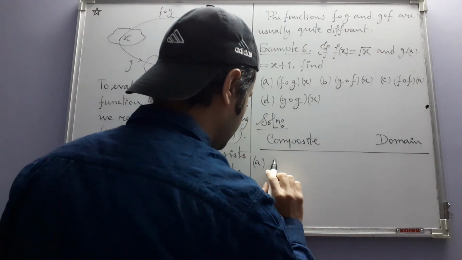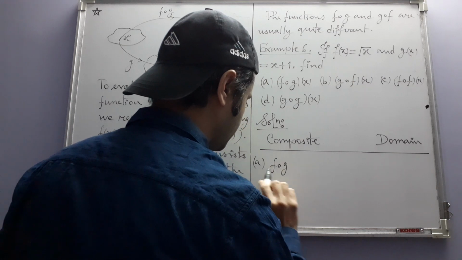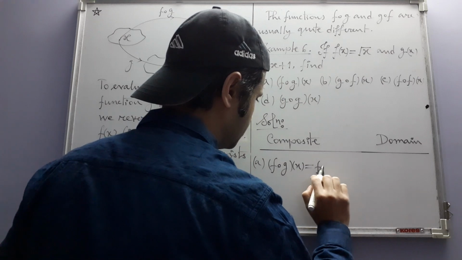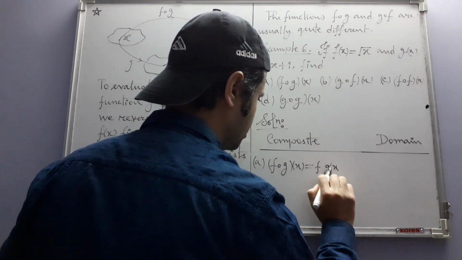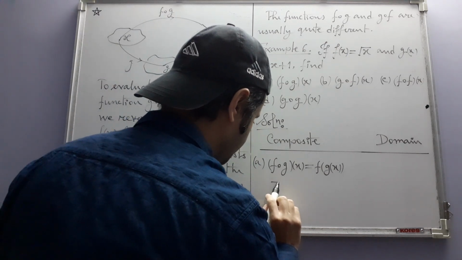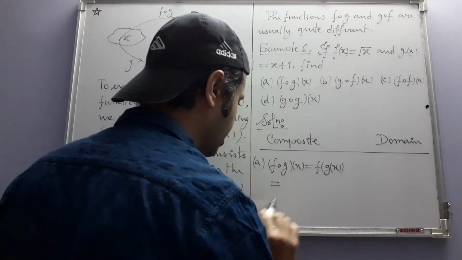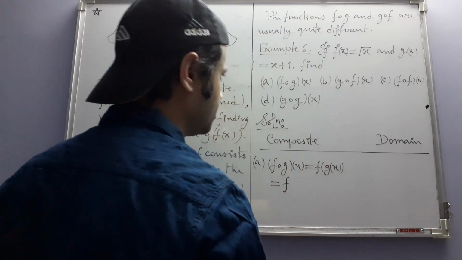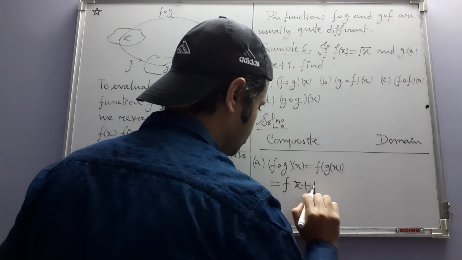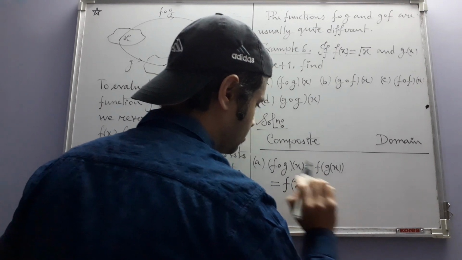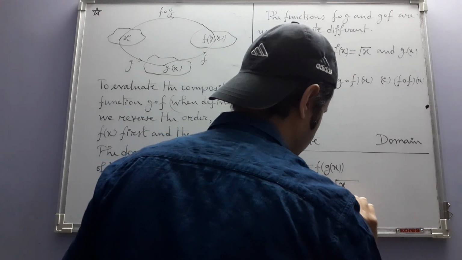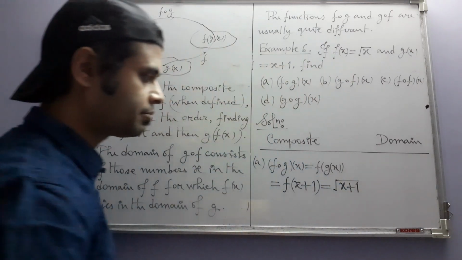Okay, so first we have F composition G of X. So this is F of G of X, and that is equal to, because of lack of space I have to write in a new line, G of X is X plus 1, and F of X plus 1 is square root of X plus 1.